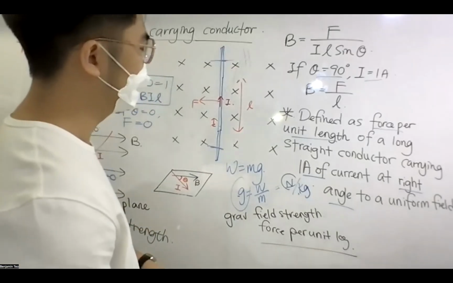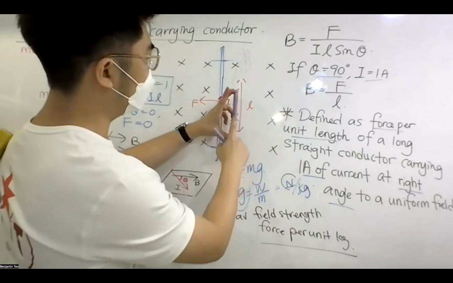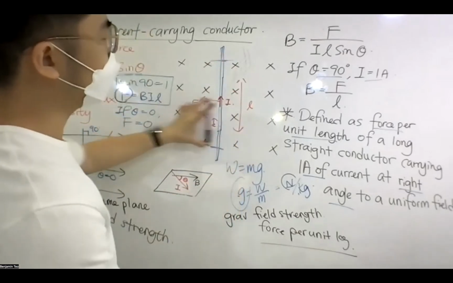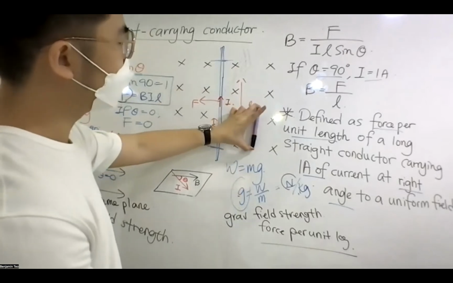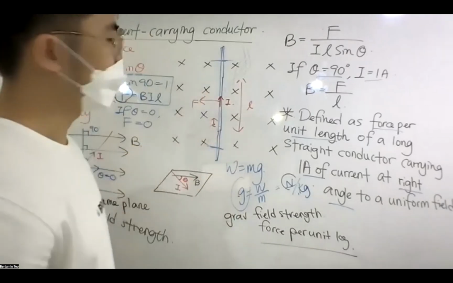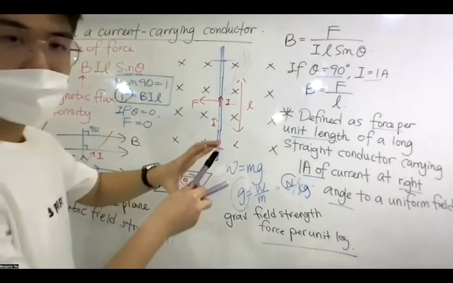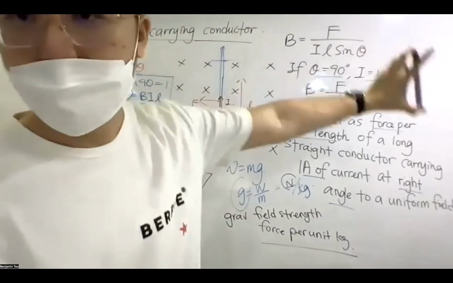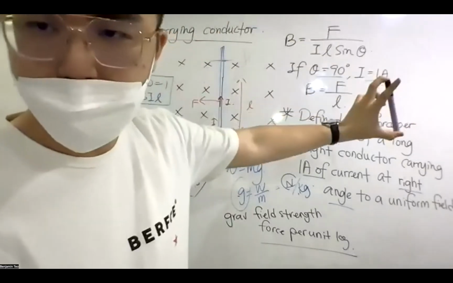Again, I take 1 unit length that has 1 ampere, I put it in the field, and I see how much force it experiences. This one experiences very much force, so I say this field is very strong. I take the same wire and put it in a different field in the other room.